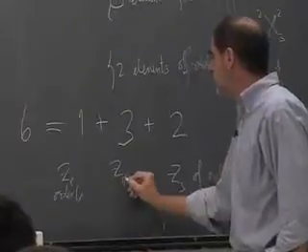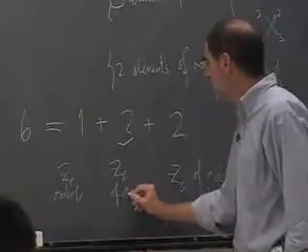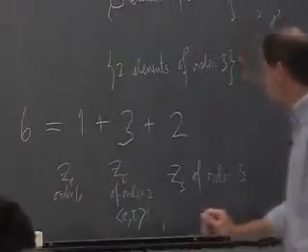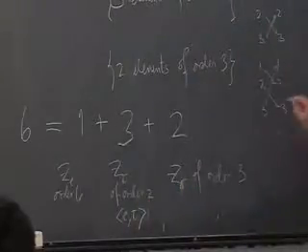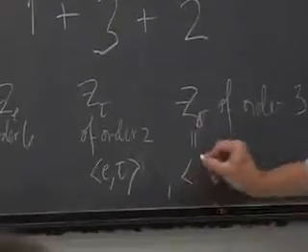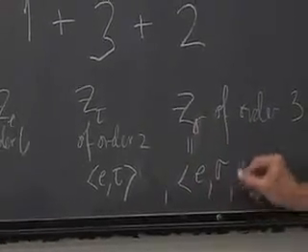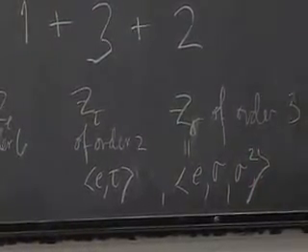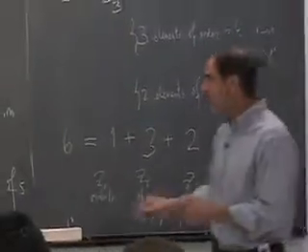Here, the centralizer of a transposition is of order 2, the subgroup {e, tau}. Everything commutes with itself. And here, the centralizer of an element of order 3, let's call this element sigma, is the subgroup {e, sigma, sigma squared}, of order 3, generated by the element. So that's the class equation for the symmetric group on 3 letters.